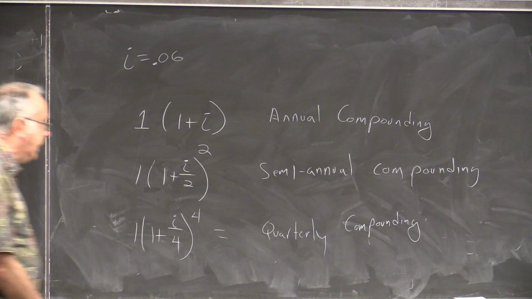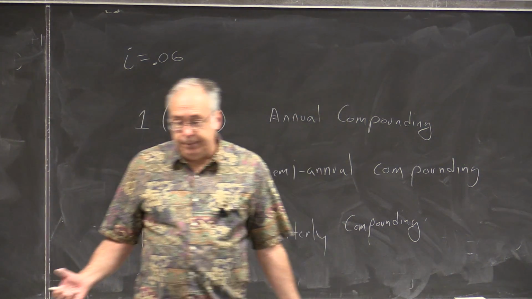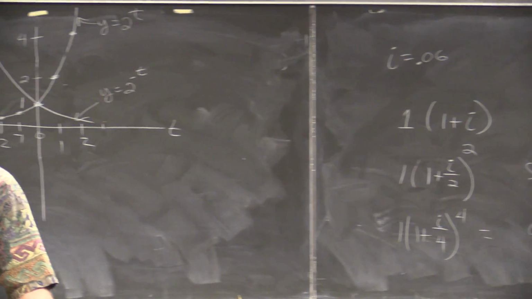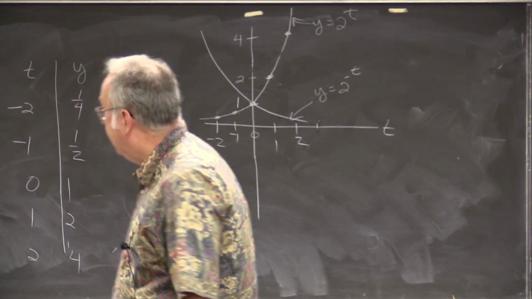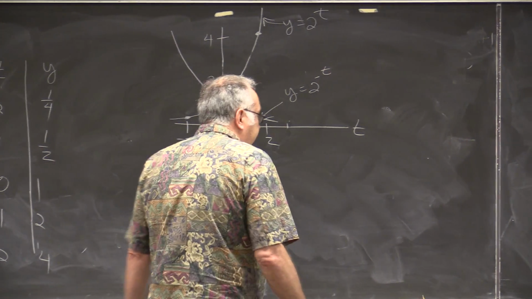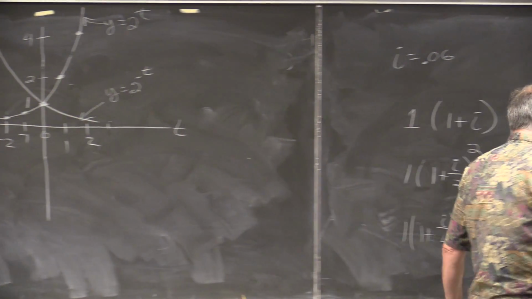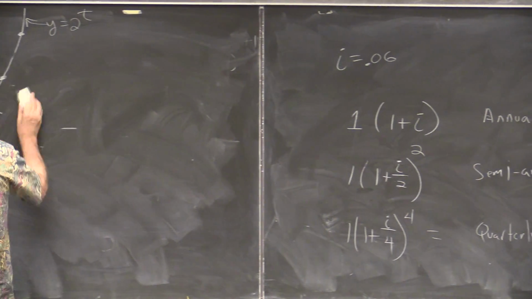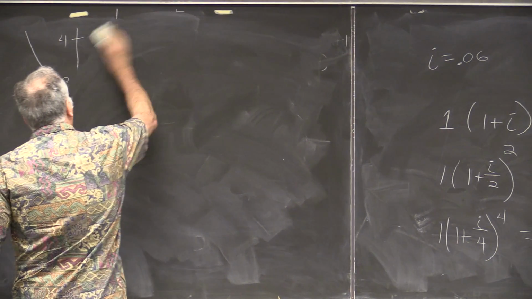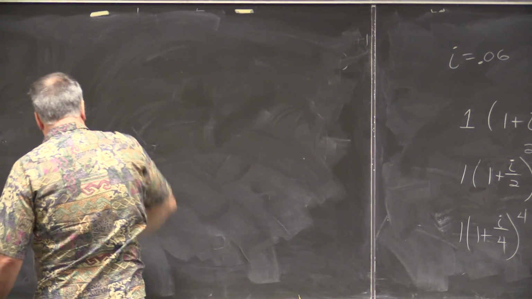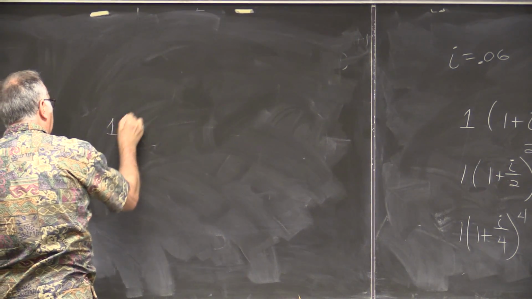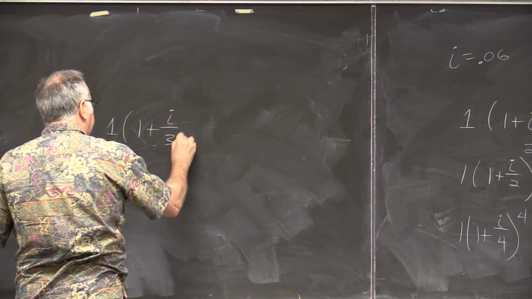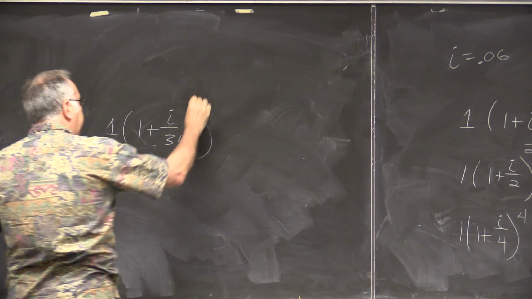Well, suppose you did daily compounding. By the way, some of the credit card companies do this, daily compounding. Then what would the formula be for daily compounding? You start off with $1, let's say. 1 times 1 plus whatever the interest rate is, divided by 365, to the 365.